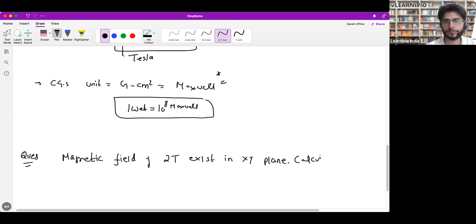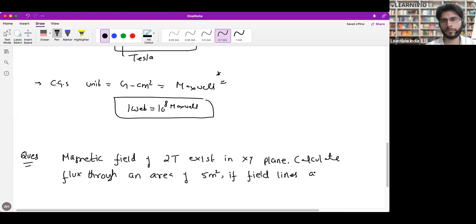Calculate flux through an area of 5 meters square if field lines are inclined at 60 degrees to the plane of area.